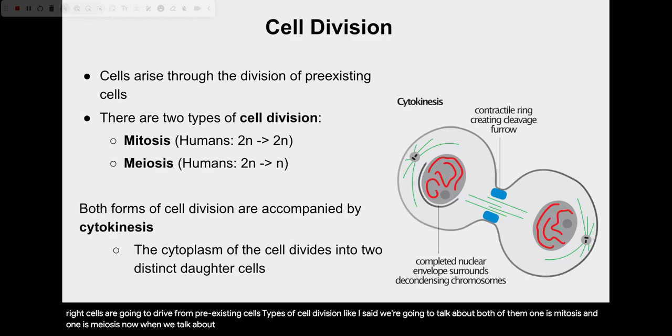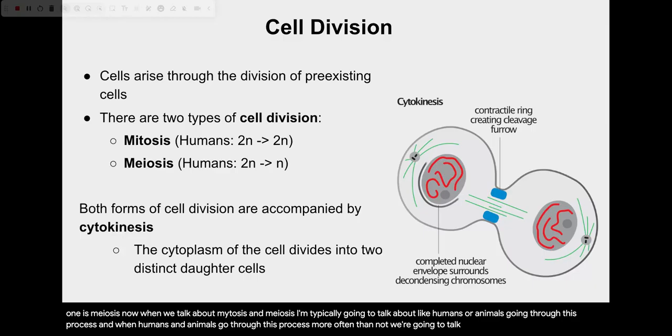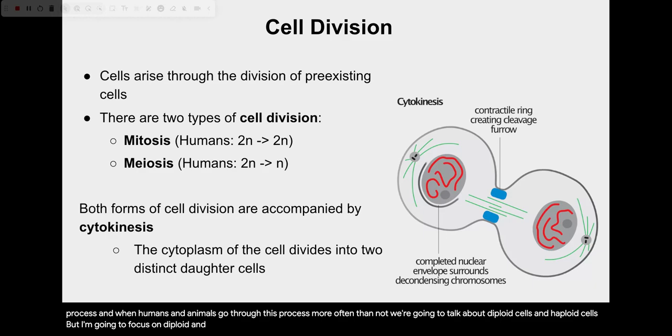Now, when we talk about mitosis and meiosis, I'm typically going to talk about humans or animals going through this process. And when humans and animals go through this process, more often than not, we're going to talk about diploid cells and haploid cells. Right? There are other organisms that might be triploid or tetraploid. They still go through these processes. Right? But I'm going to focus on diploid and haploid cells.